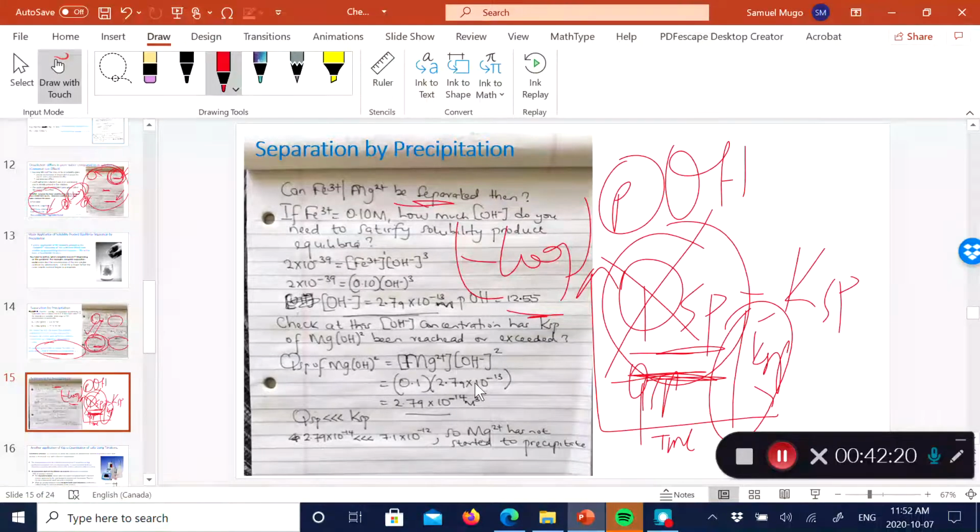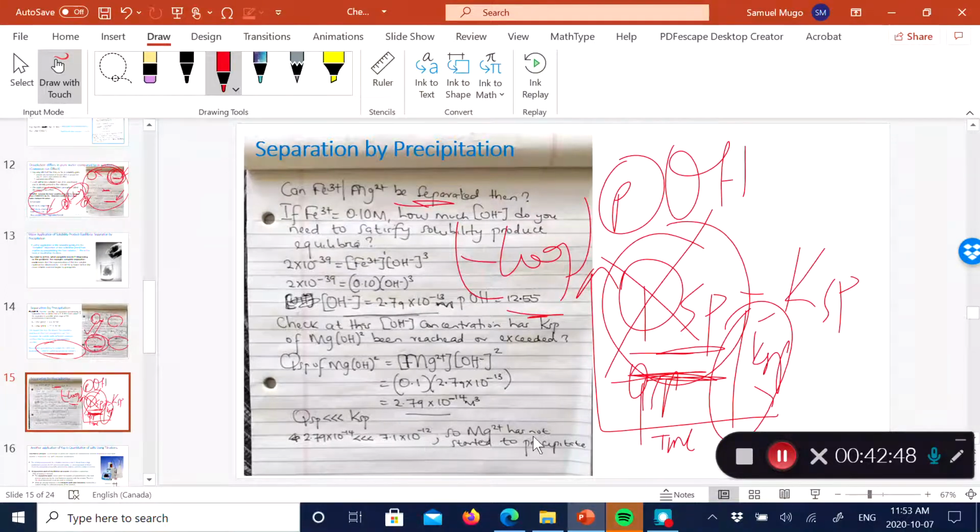And then you can check: at this point when you've just precipitated the iron hydroxide, has the QSP exceeded the KSP? And so has magnesium hydroxide started to precipitate? And you can see that the QSP is much, much smaller than the KSP. In fact, 2 orders of magnitude smaller.